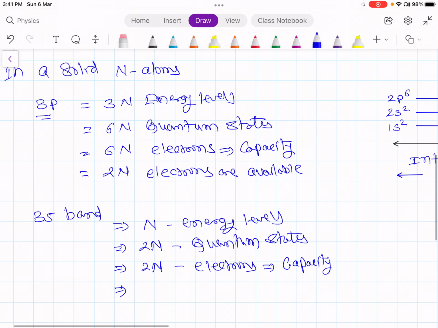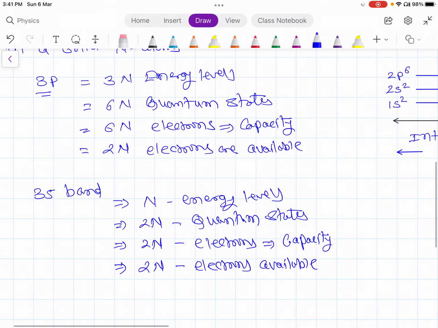However, this band is completely filled. 2n electrons are available here, and hence this band is completely filled.